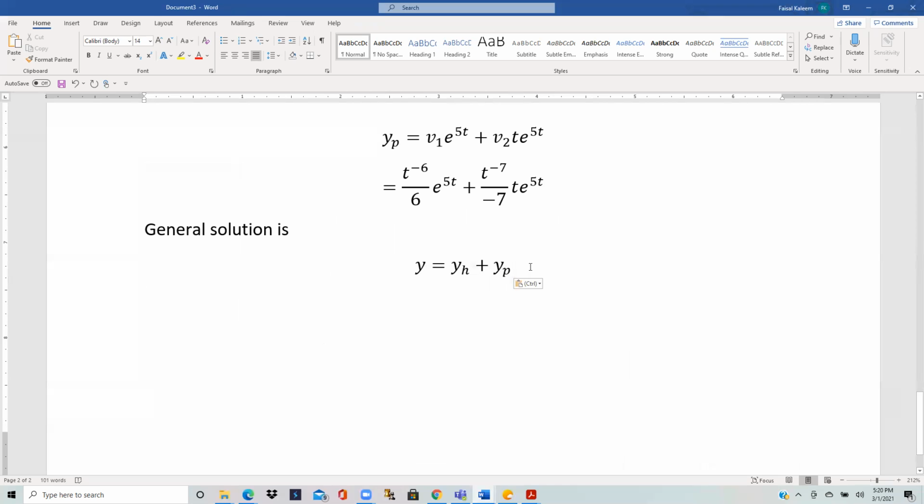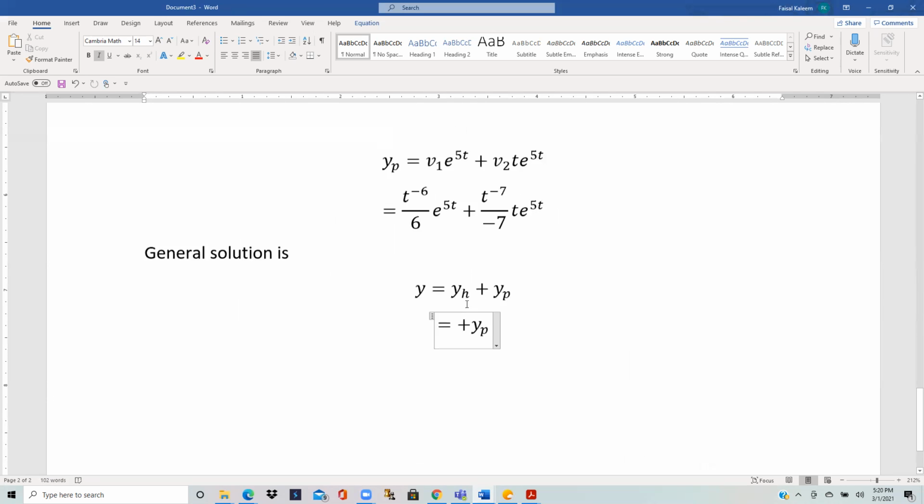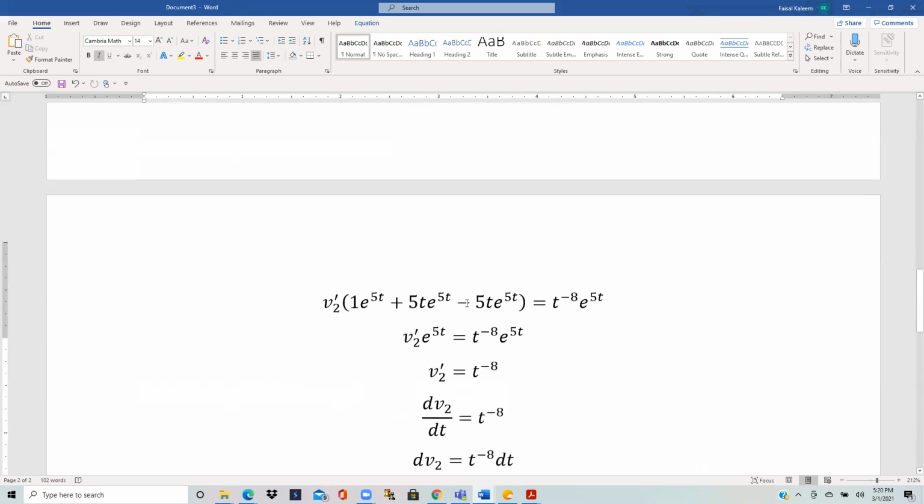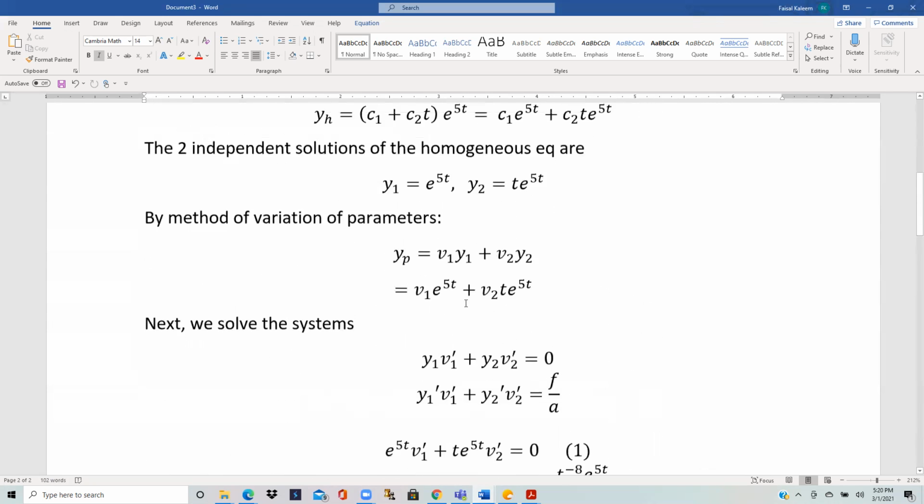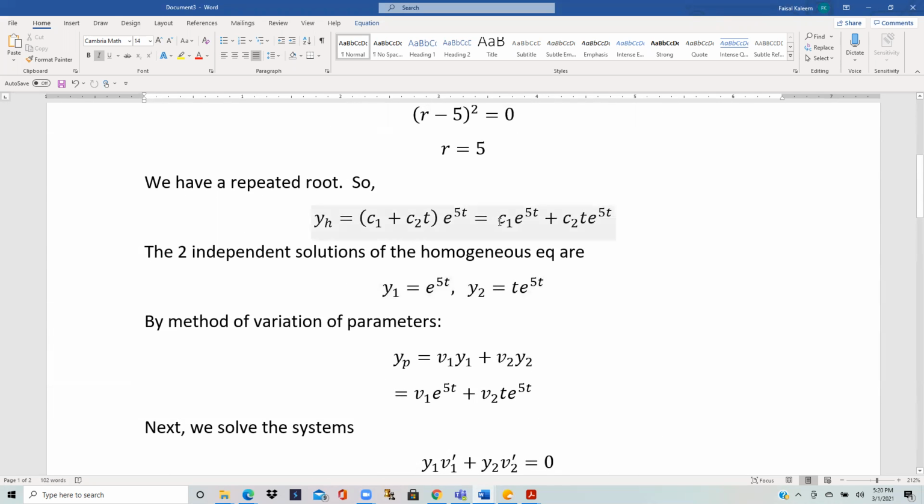And substituting, yh was the homogeneous solution, which was here.